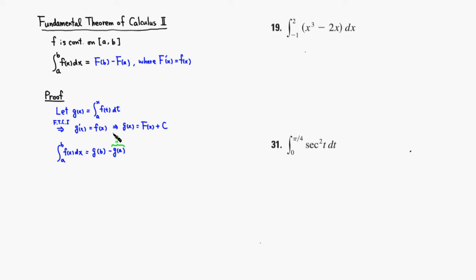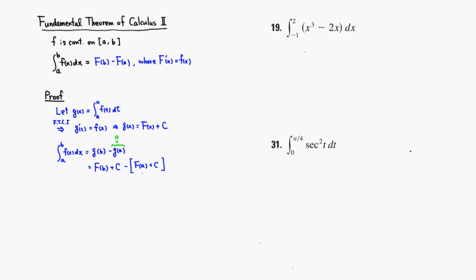But since we know that g of x is an antiderivative, we can write g of b as capital F of b plus some constant c, minus g of a, which is capital F of a plus some constant c.